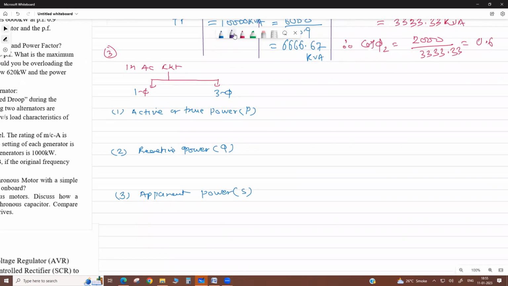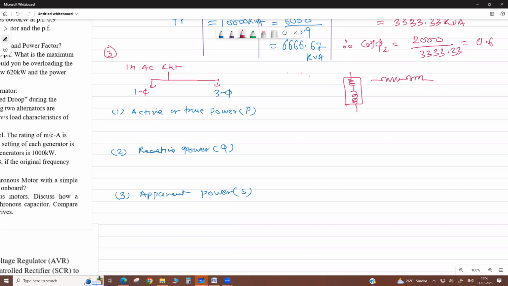So suppose in an AC circuit, it is not purely resistive. It may be resistance and inductance. So your load is made of resistance and inductance. Okay, this is your load impedance.